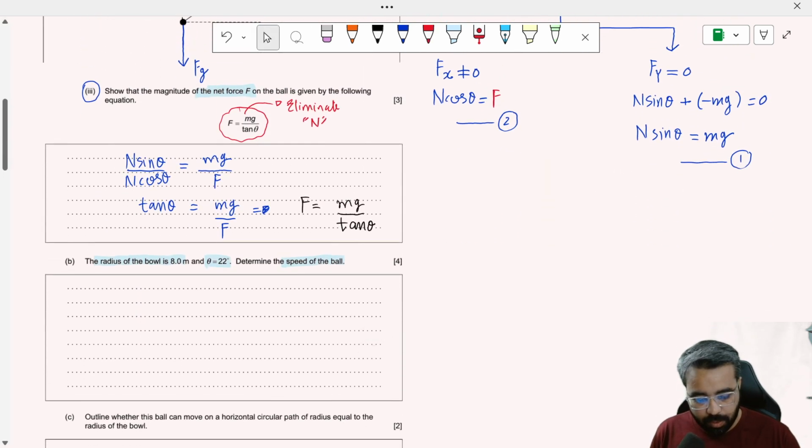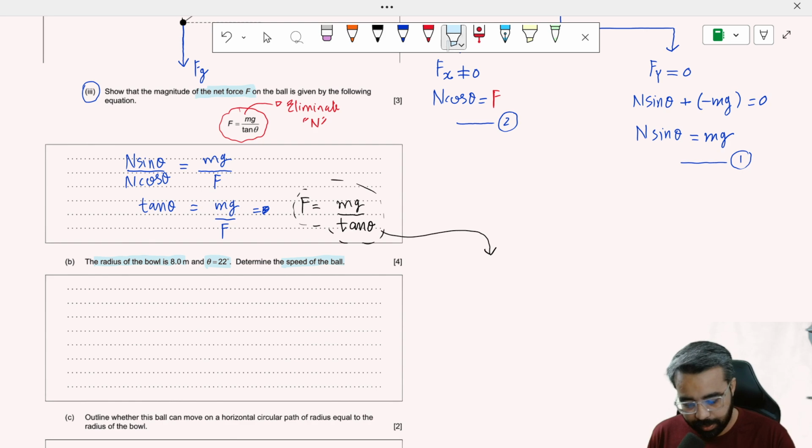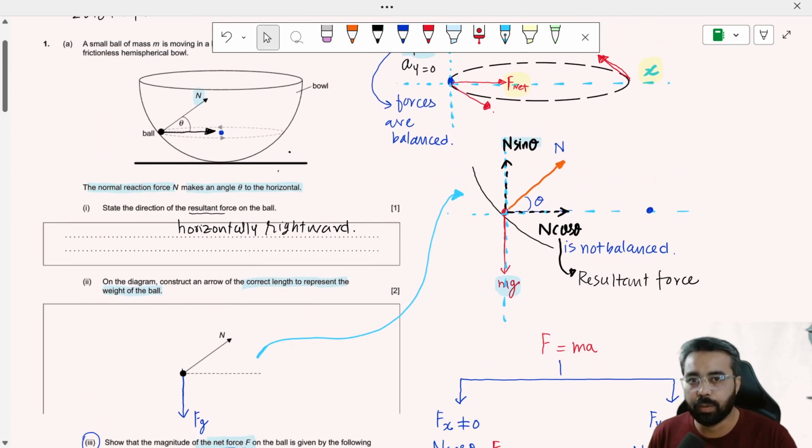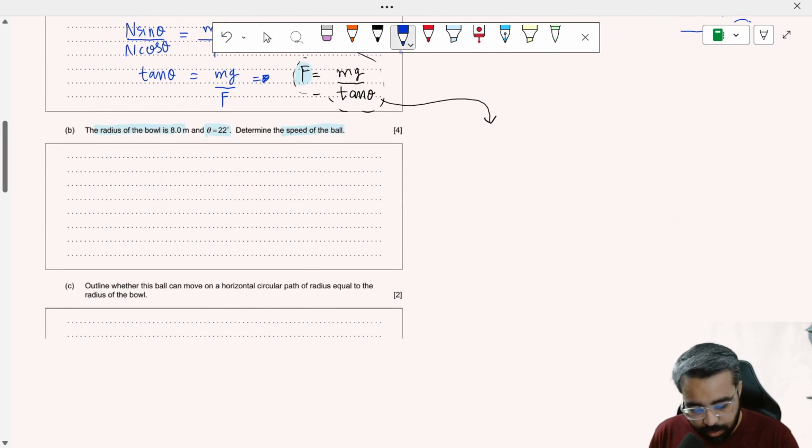If you notice, we have the two equations, or in fact, why not use this relation over here? You remember I told you that F is a centripetal force, which they also call net force. So net force is a centripetal force. Why? Because it is directly towards the center, only on this basis. So now I'm going to write mv squared over r equals mg over tan theta.